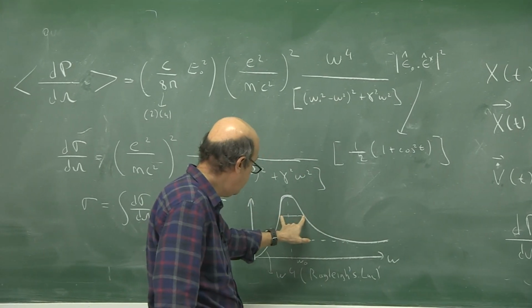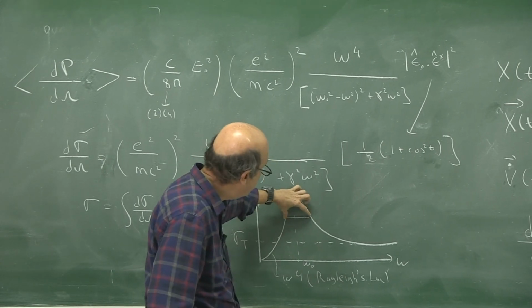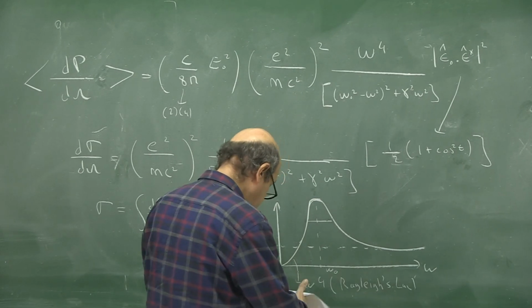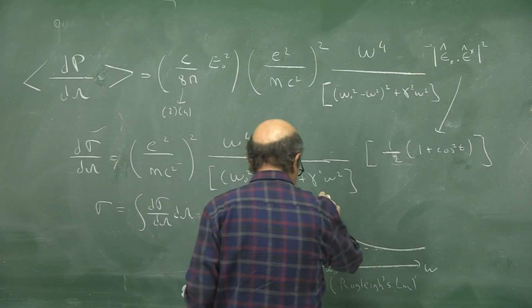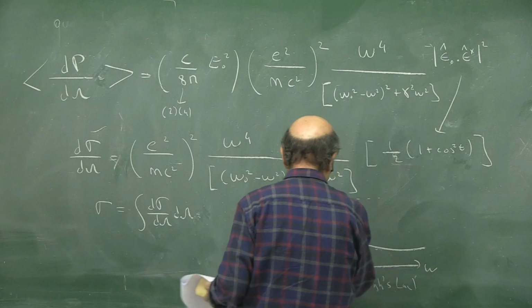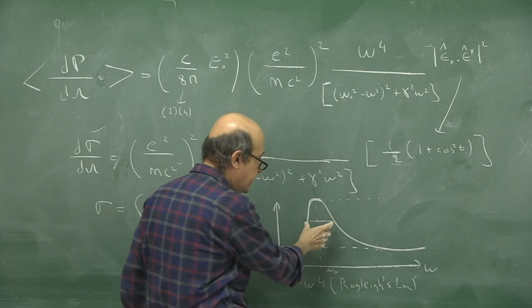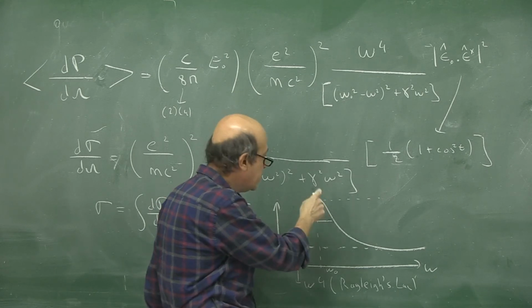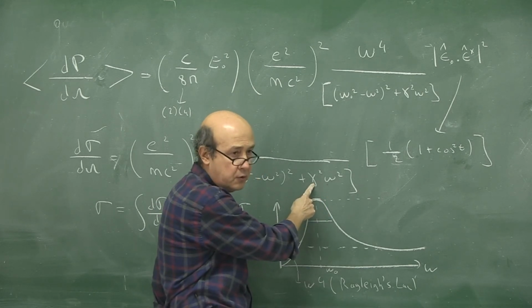So that is important. If you include the quantum effects, this part will be affected. This is called radiation damping, and that will affect this term gamma squared.